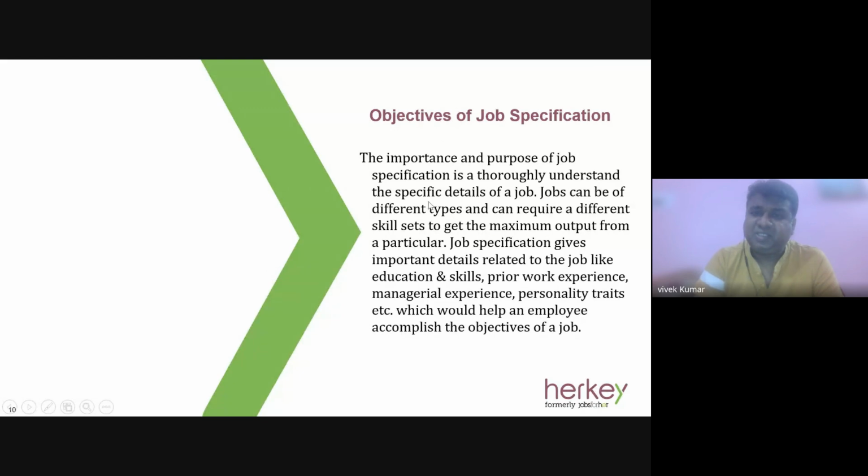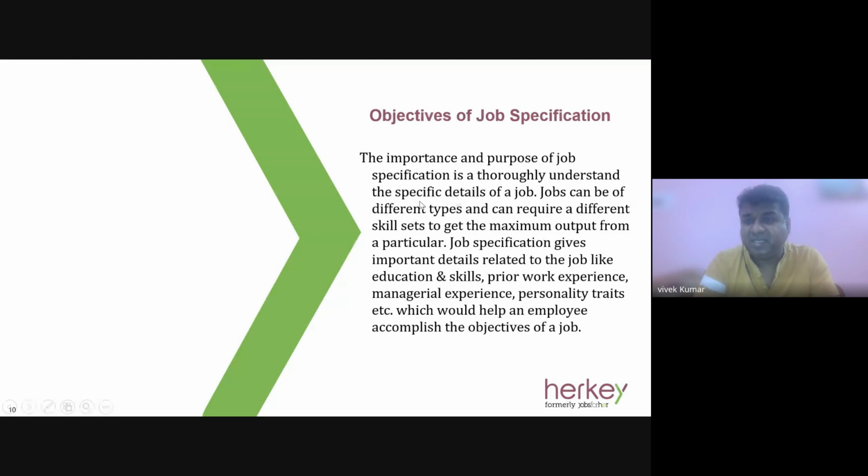So just summing up a few things and giving you the objectives. What are the objectives of job specification? As I mentioned, this is more like a summary of whatever you expect out of a candidate, at the same time highlighting some very important attributes or aspects of that job.